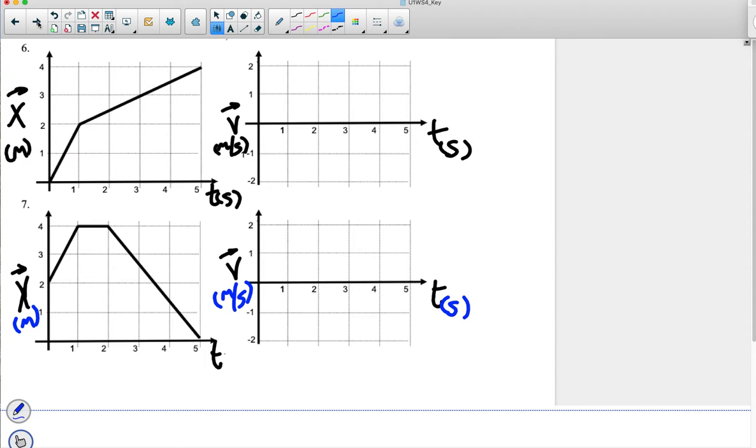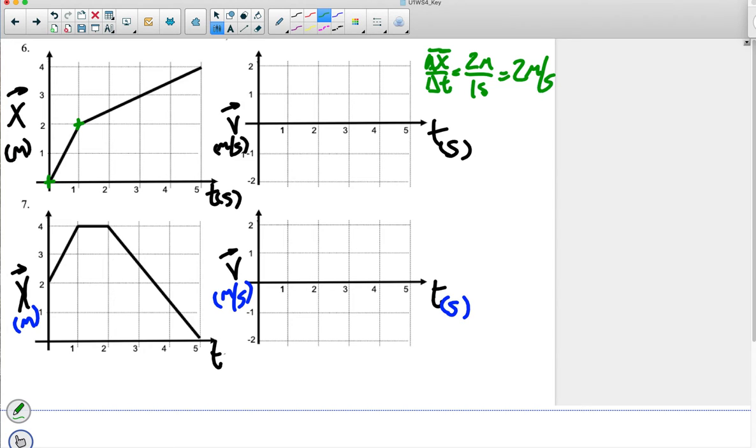Taking a look at problem number 6, we've got to break it into 2 phases. Phase 1 is from 0 to 2 seconds. So our change in position from 0 to 2 seconds, if you just take a look at those 2 points, we've traveled 2 meters in 1 second, which is 2 meters per second.